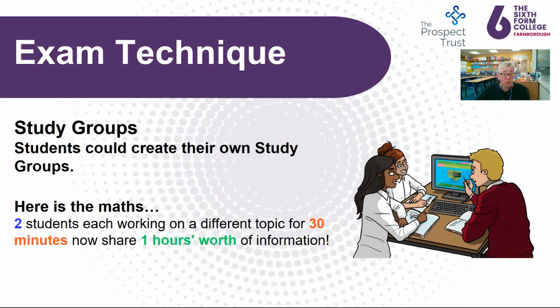Create study groups. Students could create their own study groups and work together. Here's the maths. 2 students each working on a different topic for 30 minutes now share 1 hour's worth of information. Also, different students understand information in different ways. Students learn in different ways.